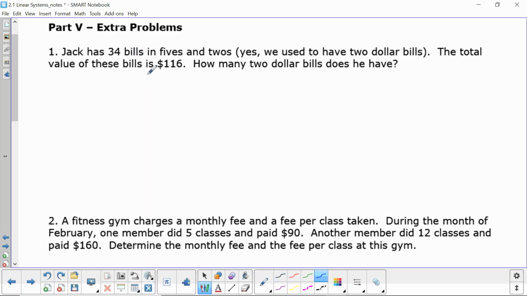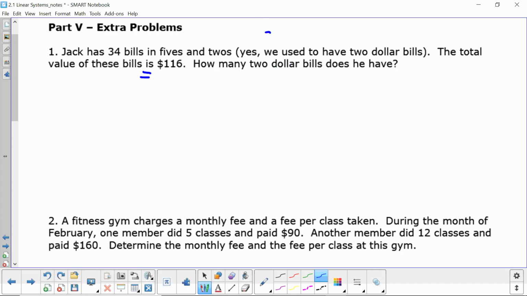So for the first one, Jack has 34 bills in fives and twos. The total value of these bills is, then we know the equal sign here. How many $2 bills does he have?